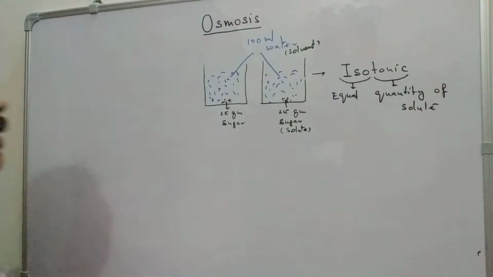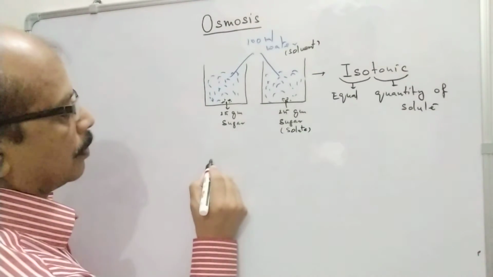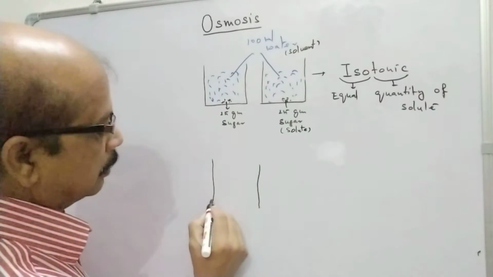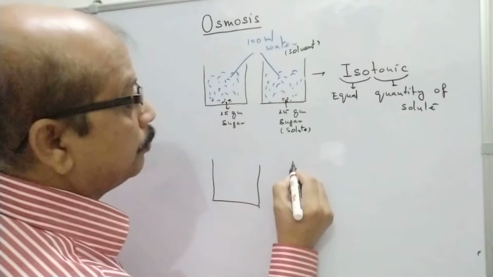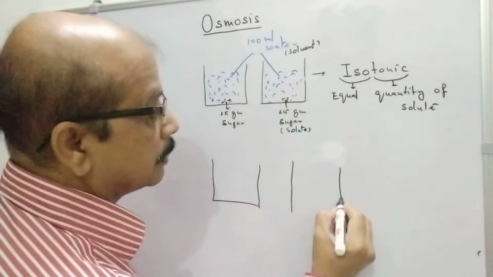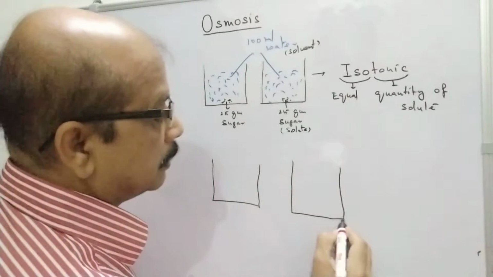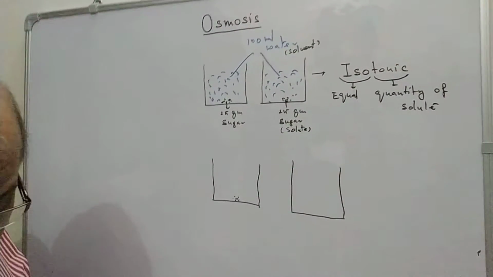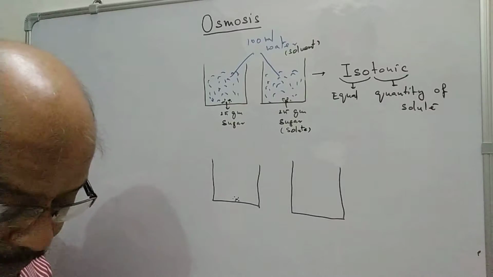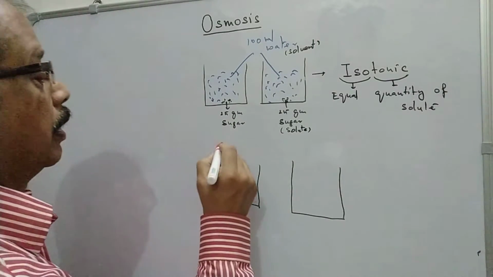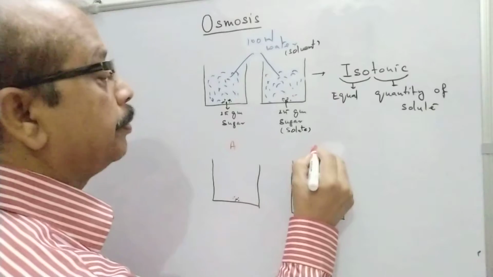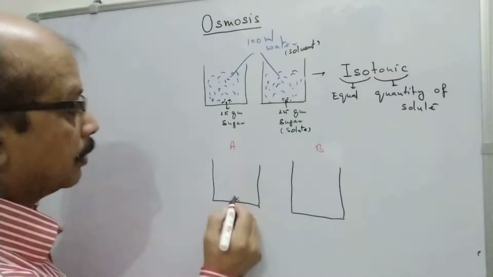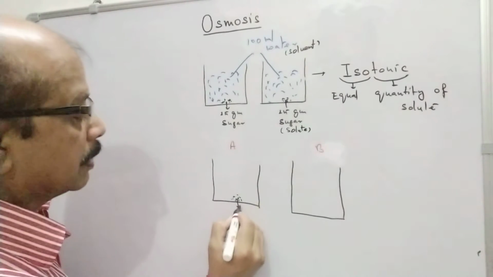Now second case, again we will take two beakers, beaker A and B. A has 25 gram sugar.